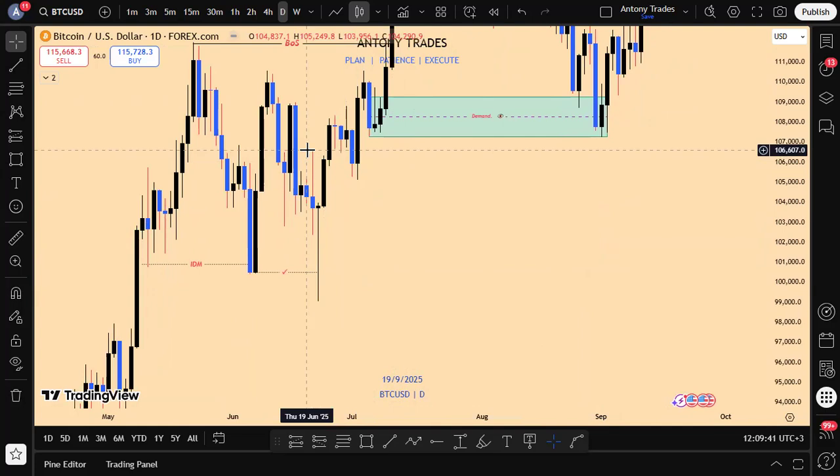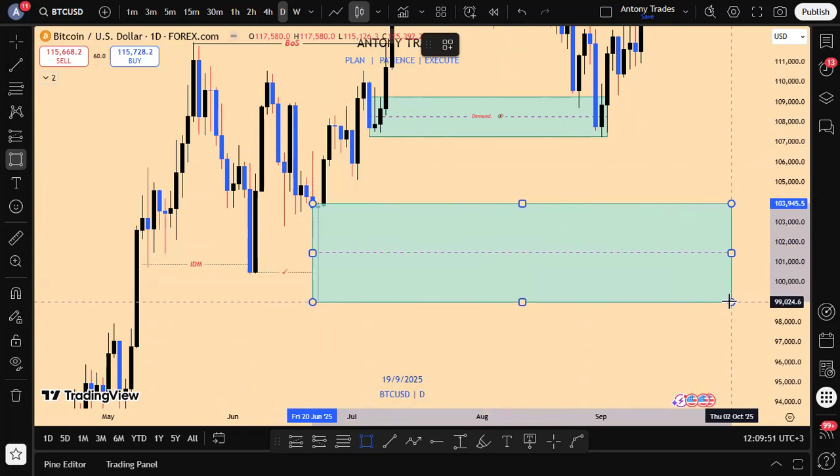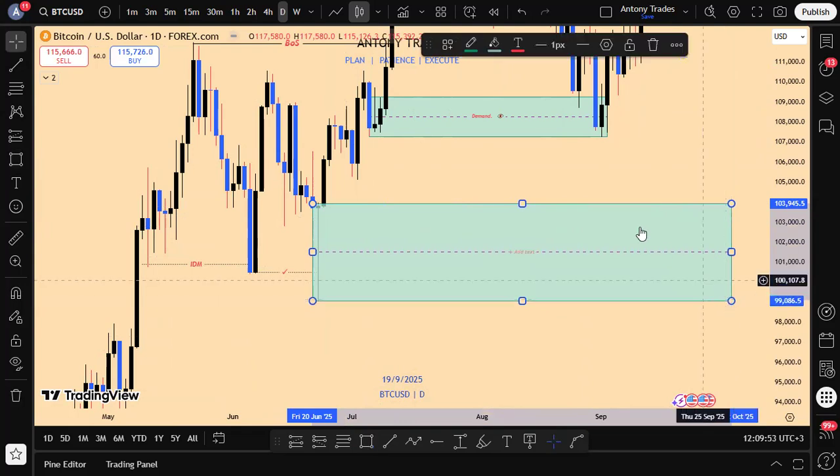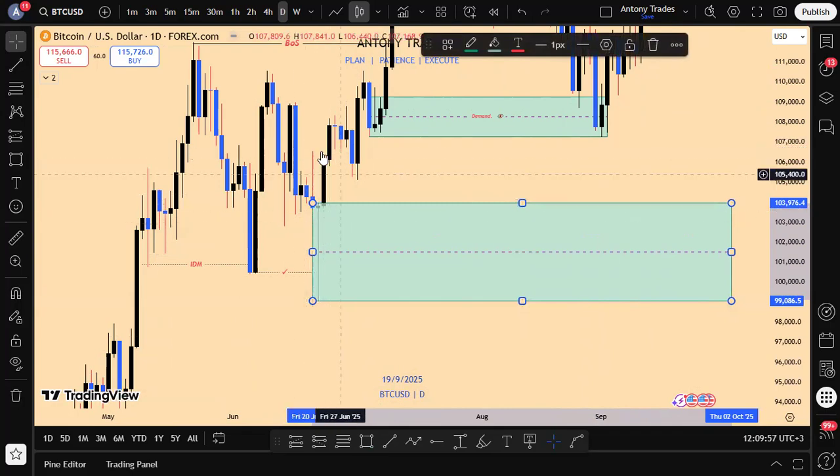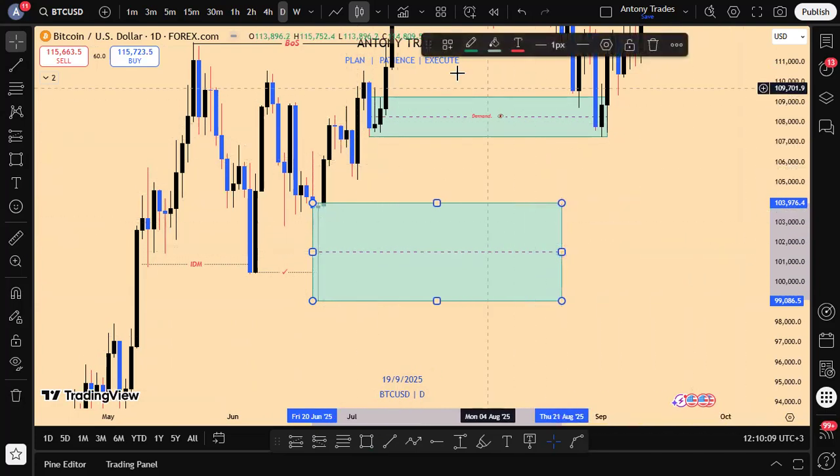So in this order flow, although this order flow was mitigated, we also had a demand zone down here. You see now the reason why the market never came to this order block: this order flow was mitigated. This pullback mitigated this order flow, so that's why the market never came back to this order block down here.